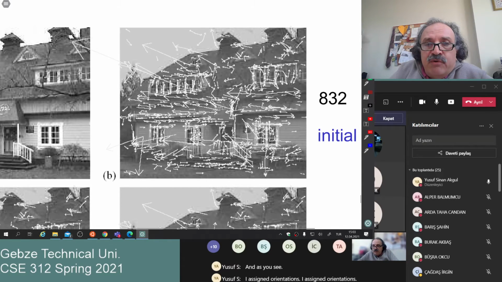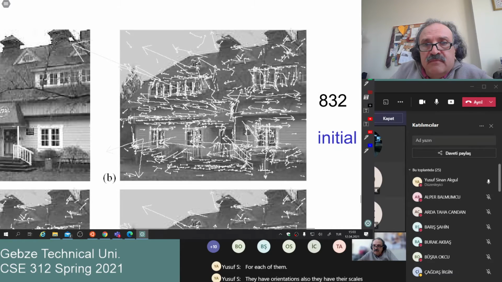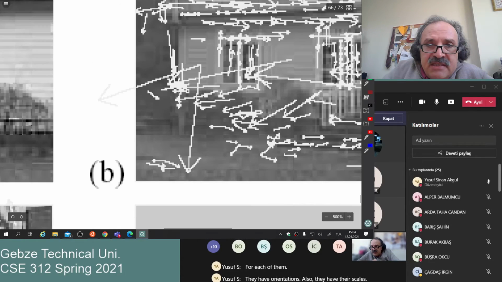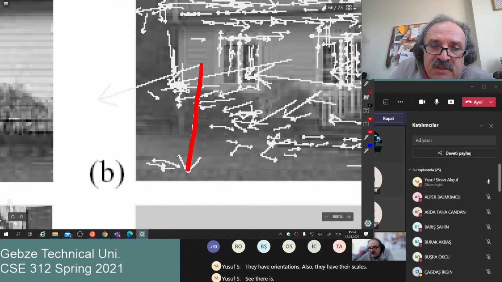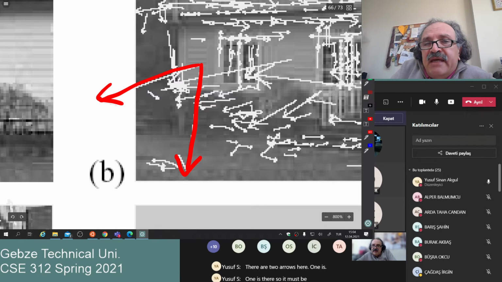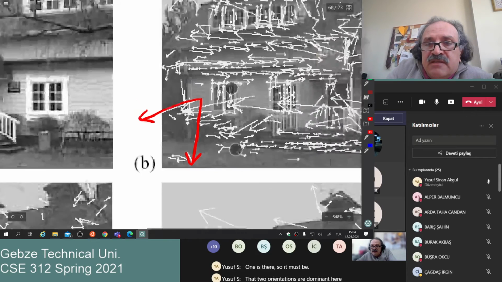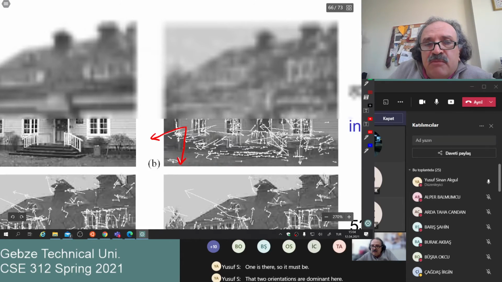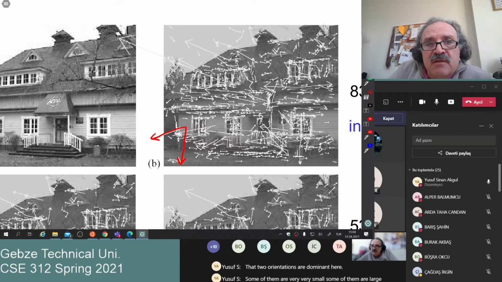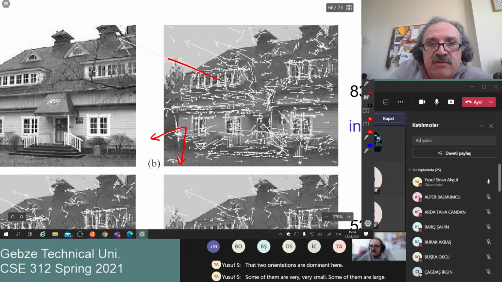They have orientations, also they have their scales. See, there are two arrows here. One is there, so it must be that two orientations are dominant here. Some of them are very, very small, some of them are large. For example, this one is very, very large.